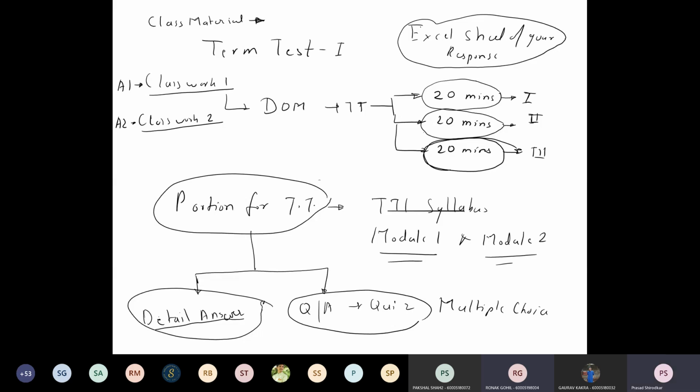No. It will be in MS Teams and MS Forms. Right now we are doing the quizzes, right? So that is your MS Forms, and you have submitted your assignment last time on Teams. So that will be the descriptive, detailed answer type.